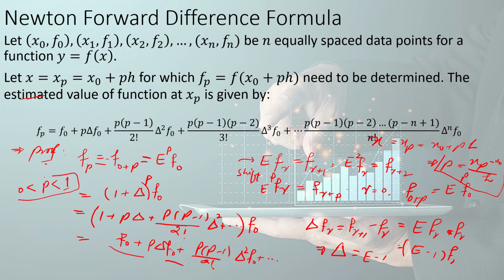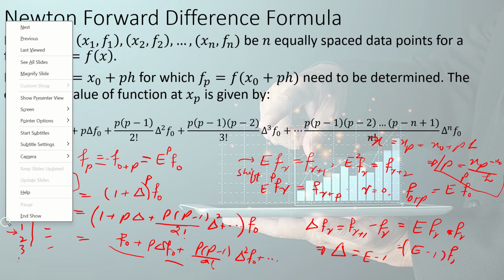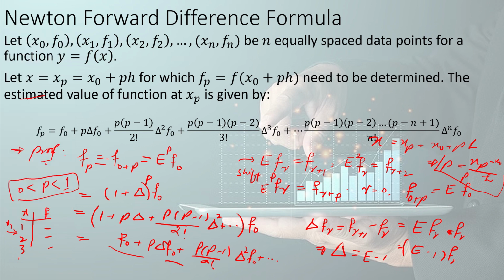That would mean if x is between any two values, let's suppose we have values of x, 1, 2, 3 and so on, and the function values as well. If you want to find a value of the function between 1 and 2, that is xp, then in that case x naught will be chosen as 1 if you want to impose the condition p between 0 and 1.